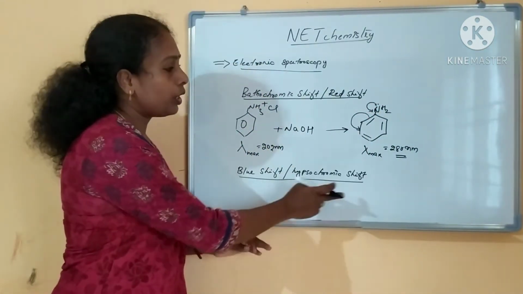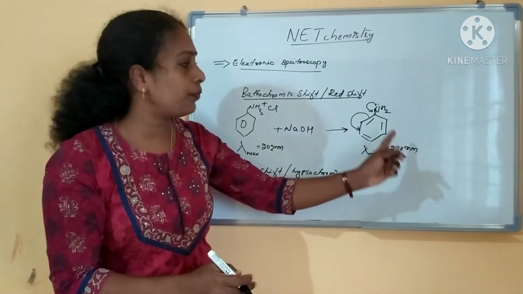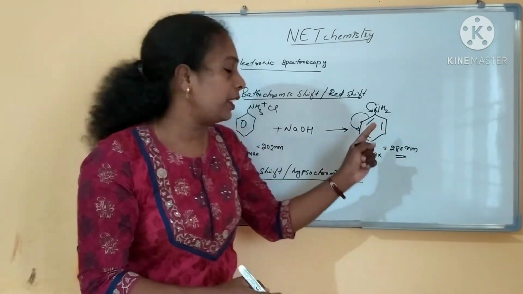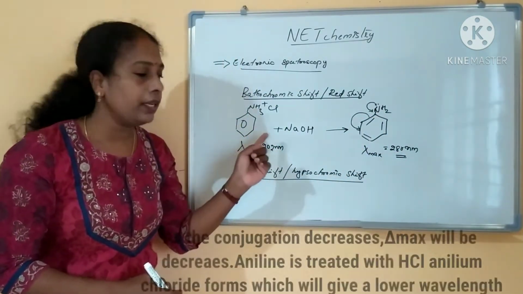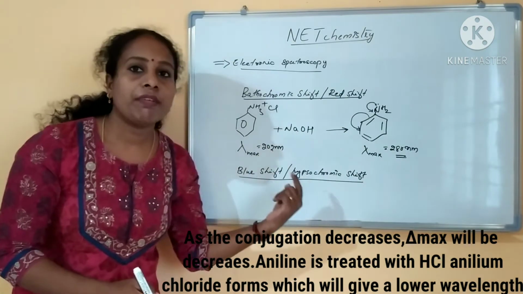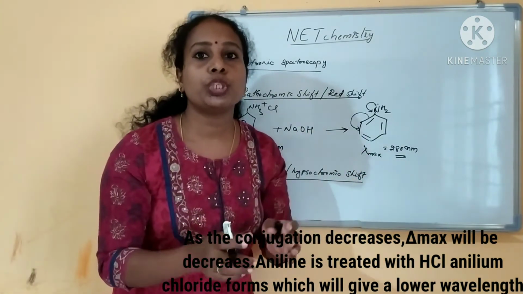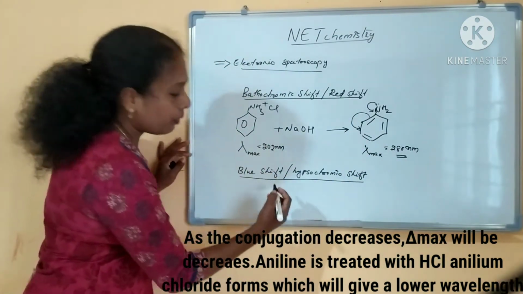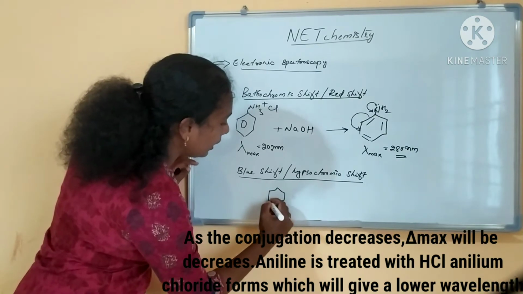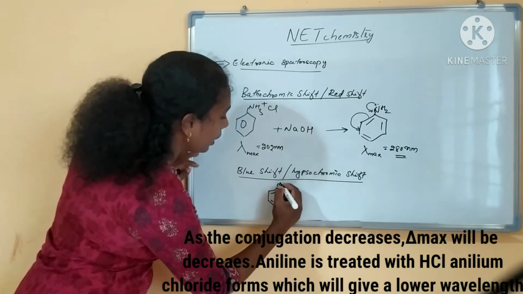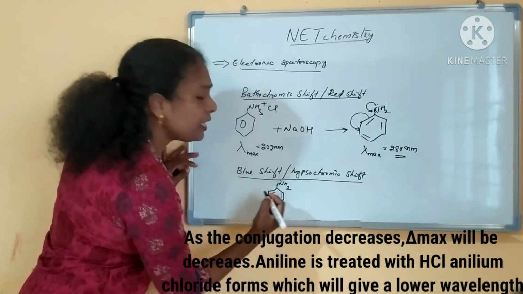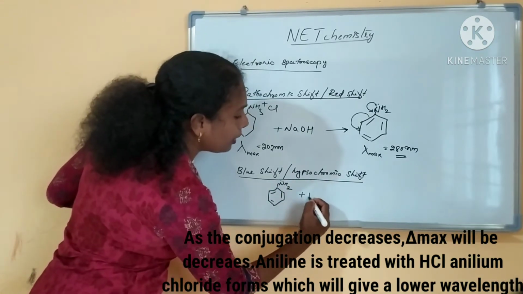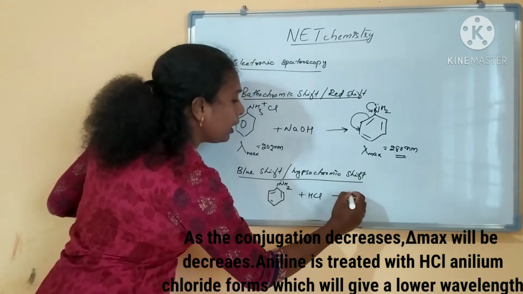Next is blue shift or hypsochromic shift. What is blue shift? Aniline can be converted to anilium chloride, so it converts to a lower wavelength. That is the blue shift or hypsochromic shift. How does it convert? Aniline has a lone pair of electrons. I am treating it with HCl, hydrogen chloride.